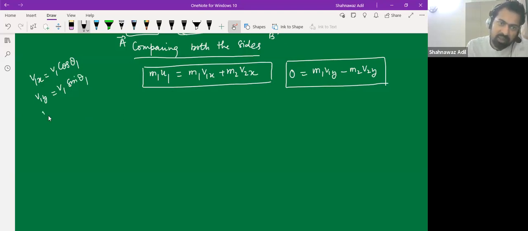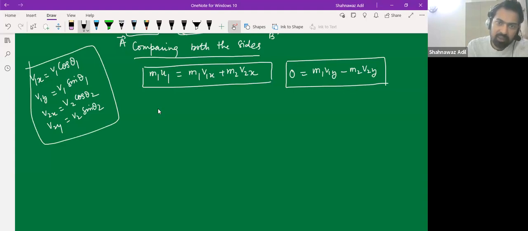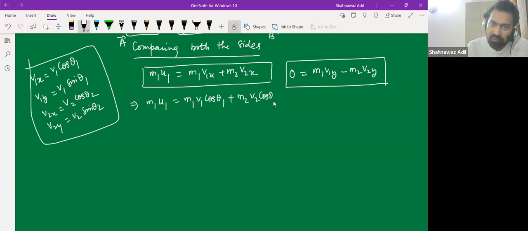Similarly, V2x was V2 cos theta 2 and V2y was V2 sin theta 2. This we have discussed earlier. So let us plug in values and simplify. This would be M1 U1 equal to M1 V1 cos theta 1 plus M2 V2 cos theta 2. So this is the first equation.